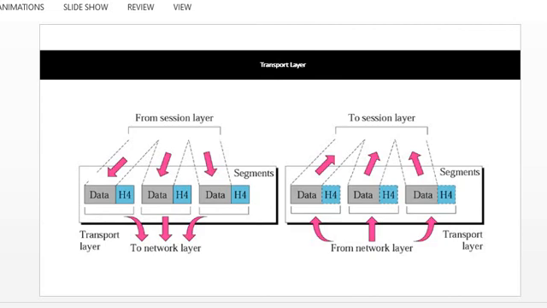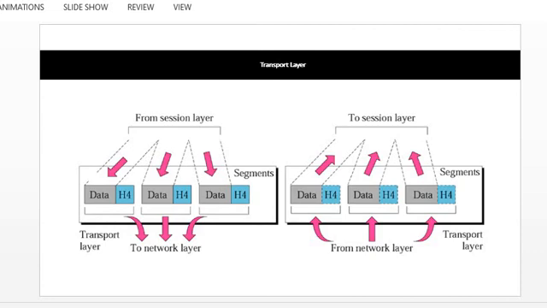So whereas the network layer in a network model oversees source to destination delivery of individual packets, it does not recognize the relationship between the various packets, and it treats each one independently as though each piece belongs to a separate message, whether it does or not.